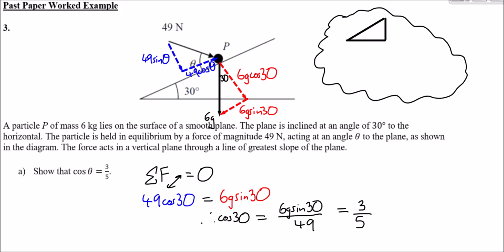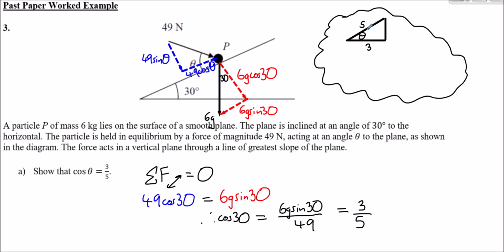So if this is theta, cos is defined by the adjacent divided by the hypotenuse. So the adjacent being 3 and the hypotenuse being 5, that would give us a cosine of this as being 3/5.